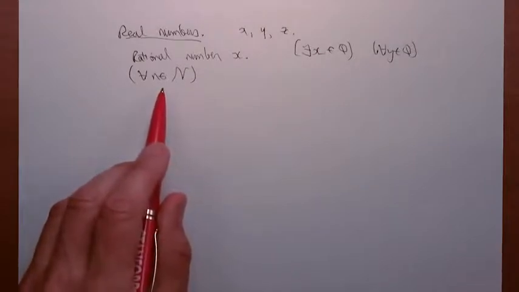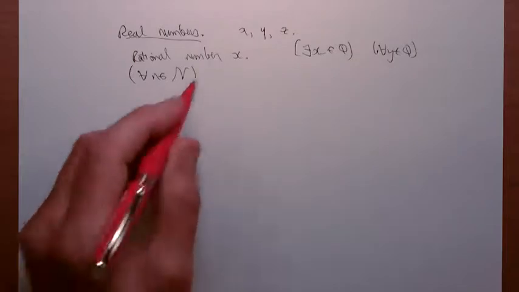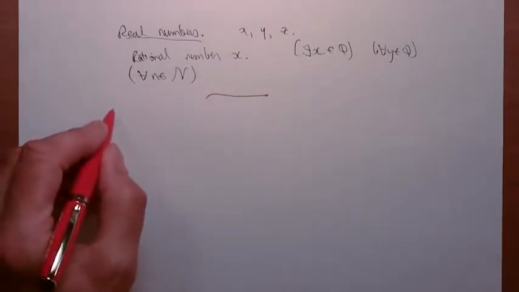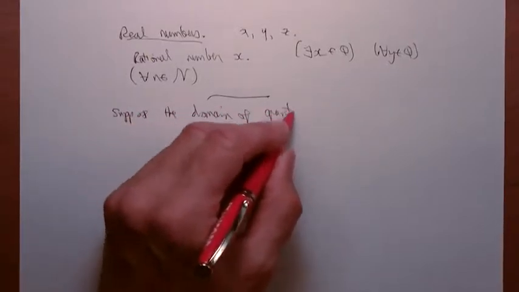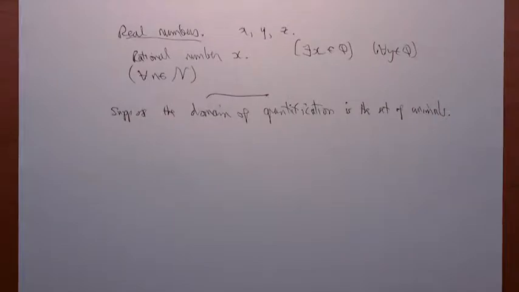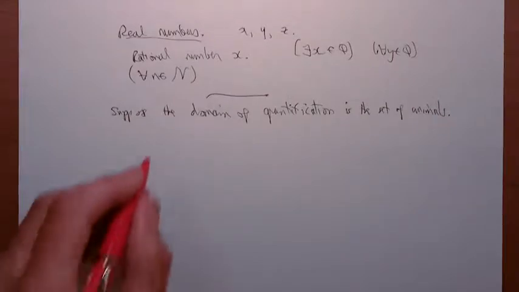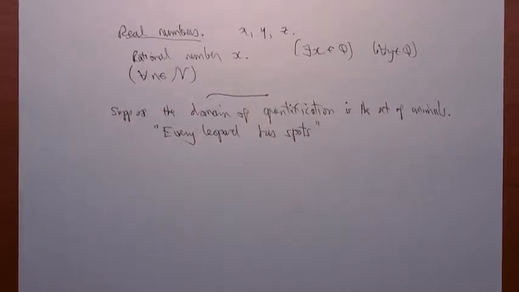But in other situations, it really doesn't make sense to introduce multiple domains of quantification. For example, suppose I'm going to be talking about, let's say, animals. So suppose the domain of quantification is the set of animals. And then I might want to say something like, every leopard has spots. Well, how would I do that?